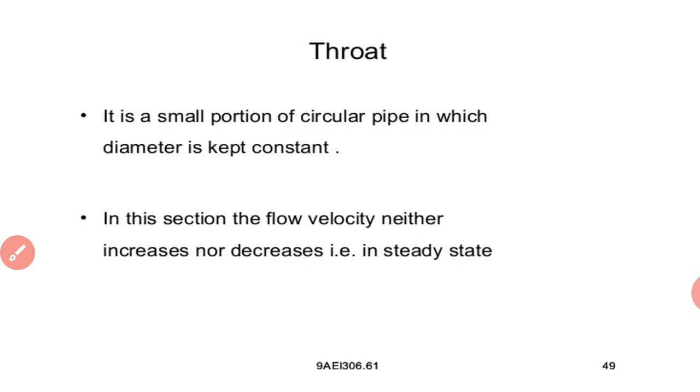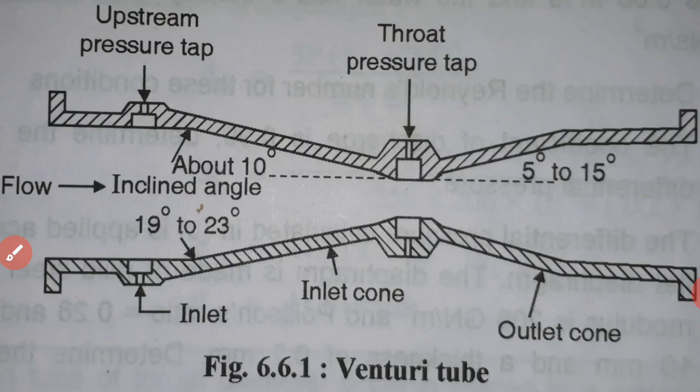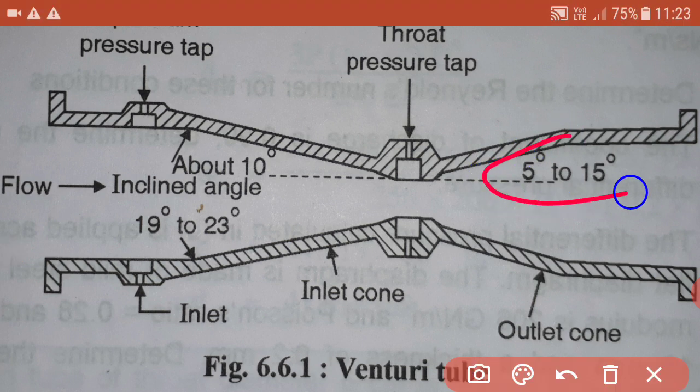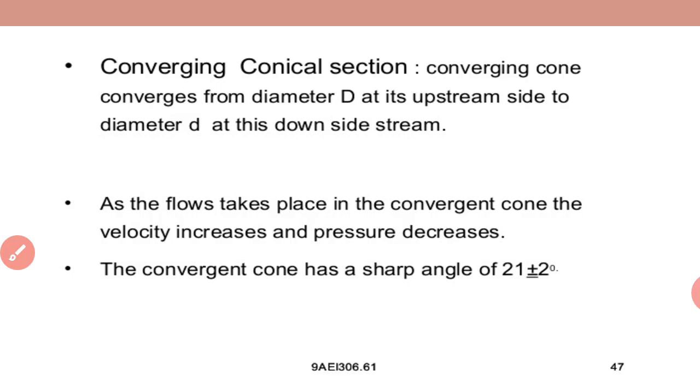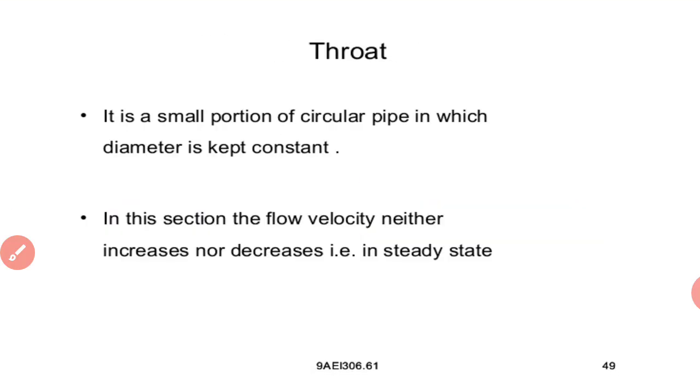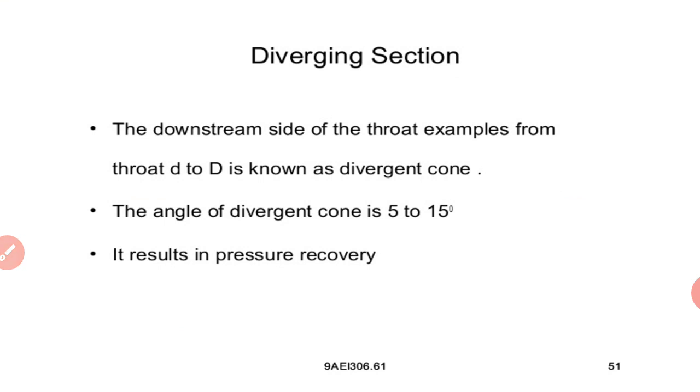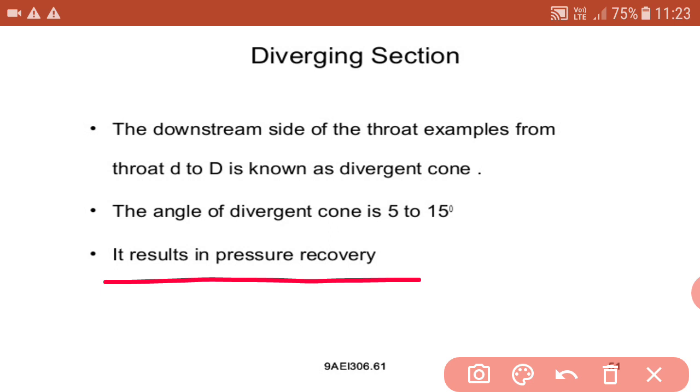We can see in this figure the angle is 5 to 15 degrees. Here is the outlet, known as the divergent section, and it results in pressure recovery. So due to this angle, the result will be pressure recovery.